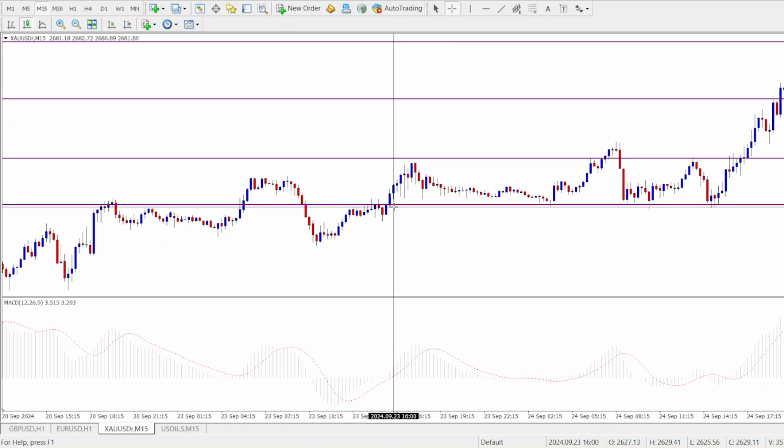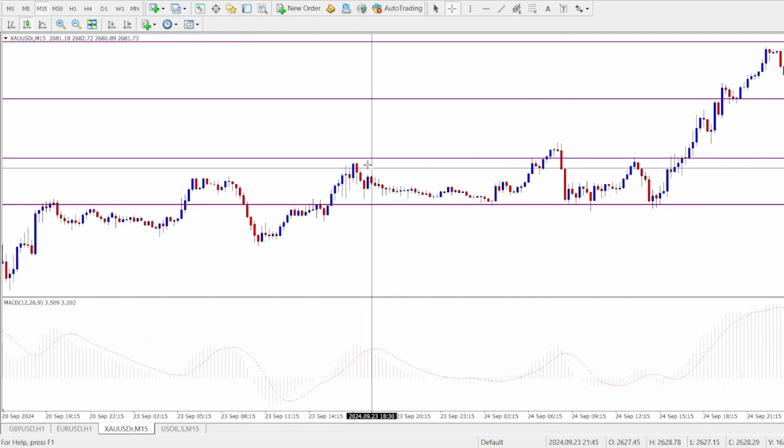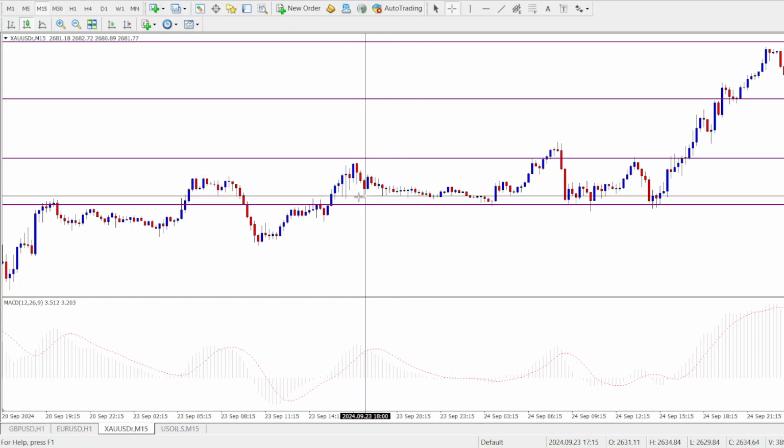That would have been a great opportunity to enter a buy. So you can see that support and resistance levels are very important. Now we could have considered using the resistance level as a possible exit for that trade.